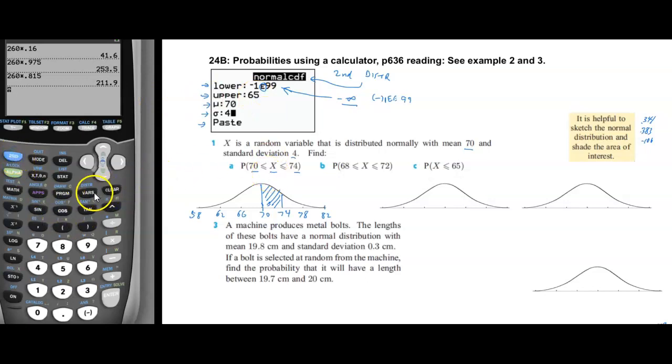So we're going to press second distribution, and then we're going to go to norm CDF, which is what we're going to use most of the time. And we're going to put 70 for the left interval and 74 for the right interval. So we'll put 70 and 74. And then, of course, the mean is 70 and the standard deviation is 4.